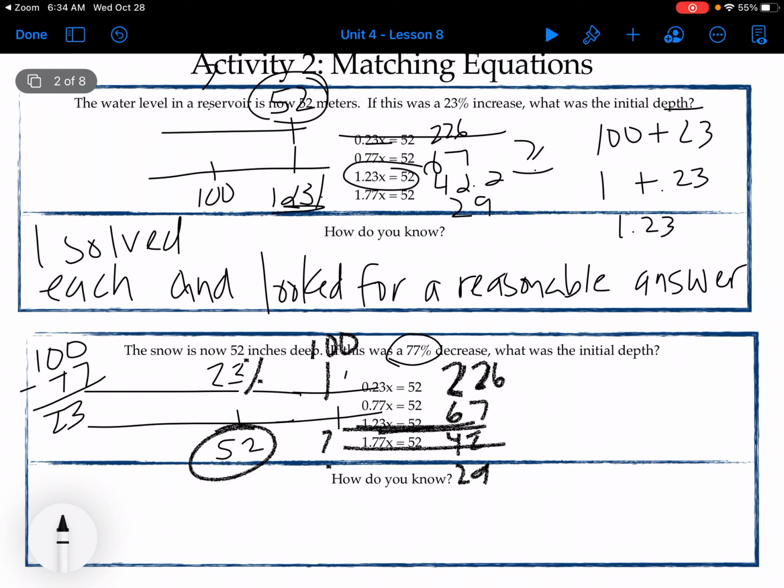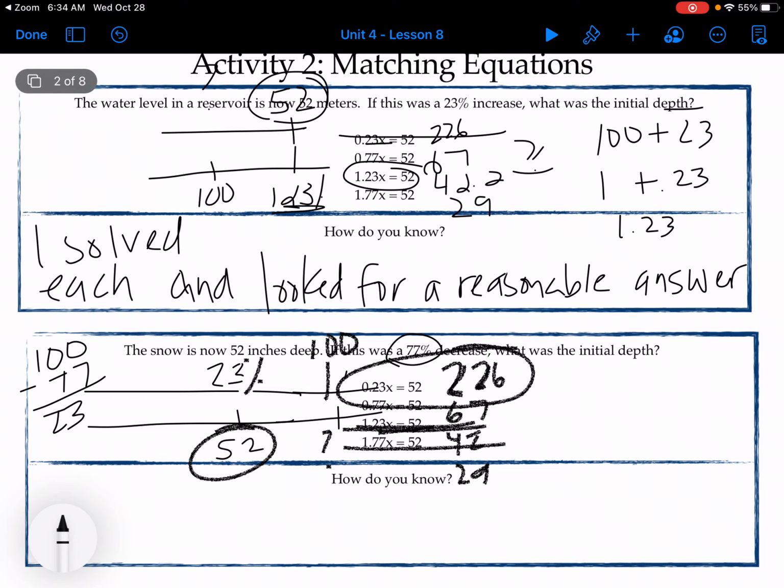So 50% more would be a whole 25 extra inches. And this is just 50%. So we're going to go with the first one.